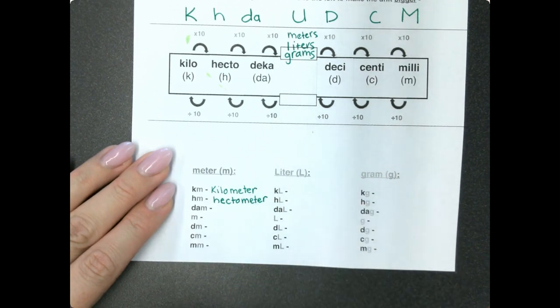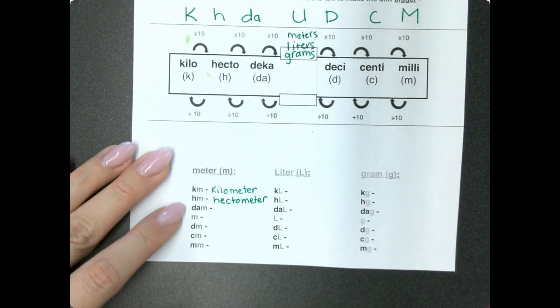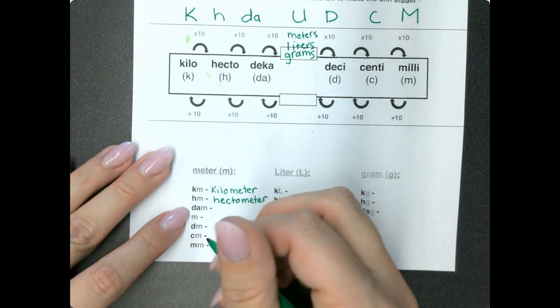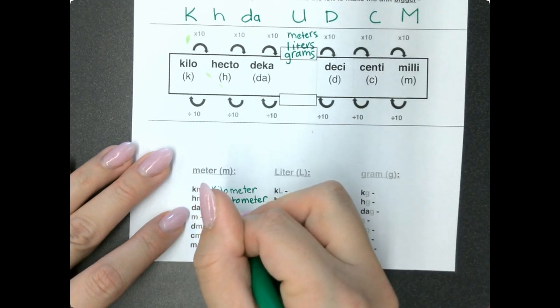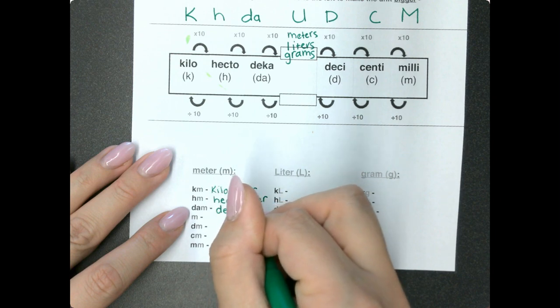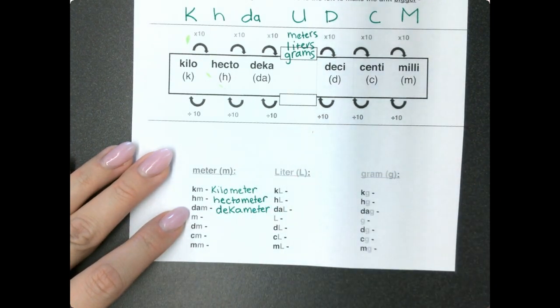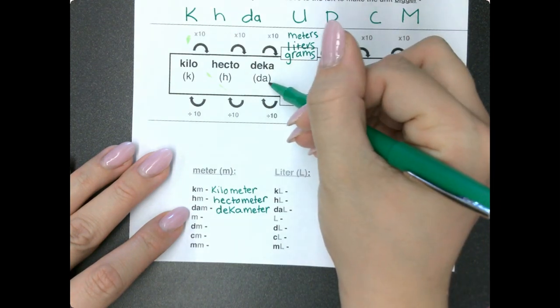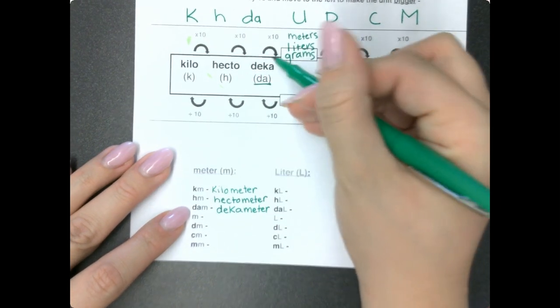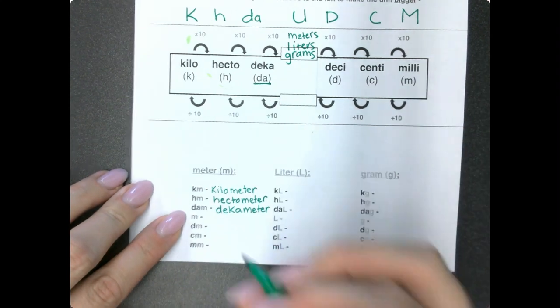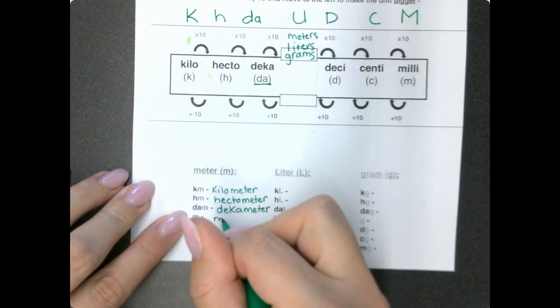These are all measurements. dam stands for decameter. And see here, da, that's our deca. m stands for meter.